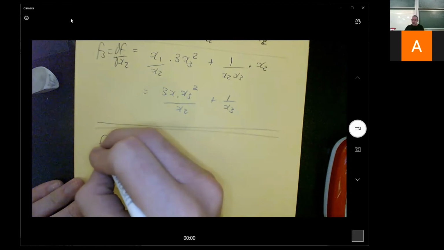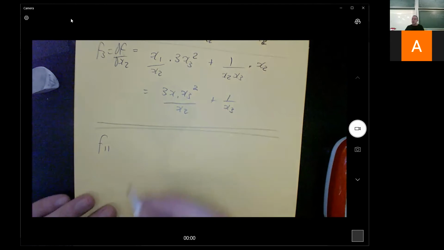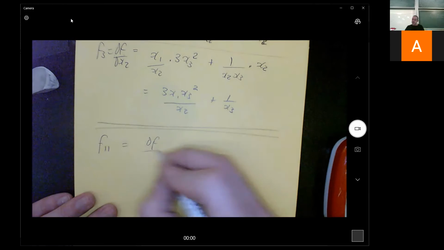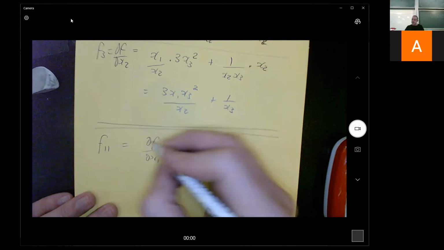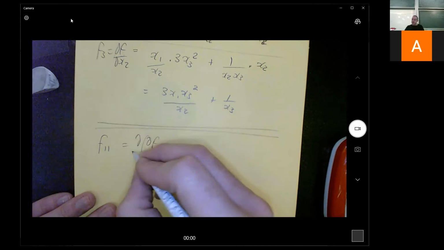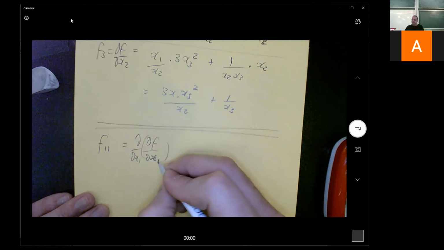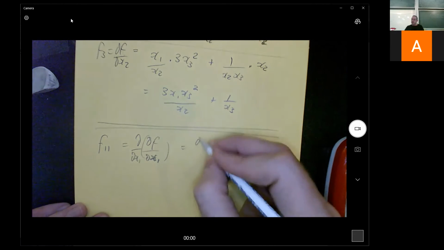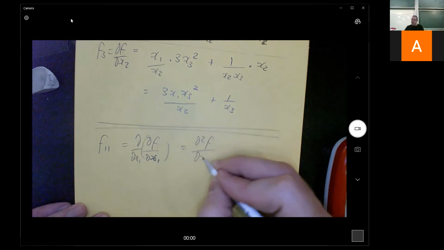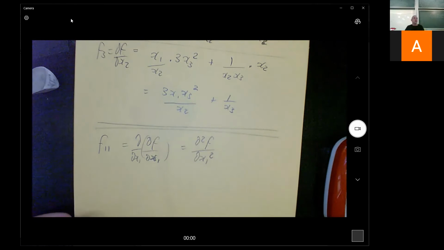So if I did f11, that would be doing df on dx1 and then d on dx1 again. And that would be written as d squared over dx1 squared. I don't know if you've seen this notation. Yeah, okay, good.